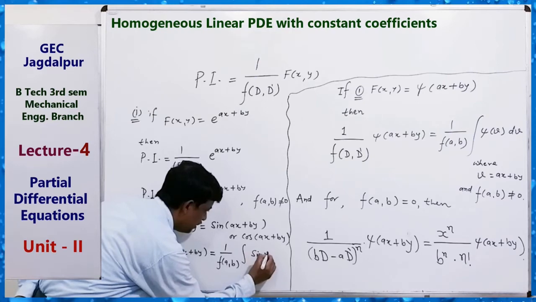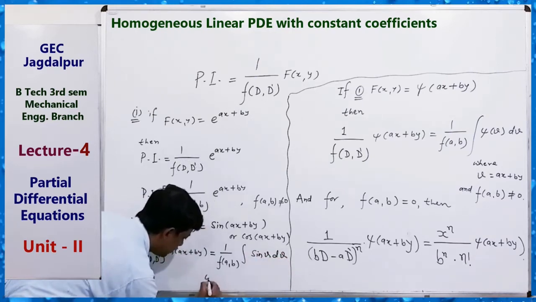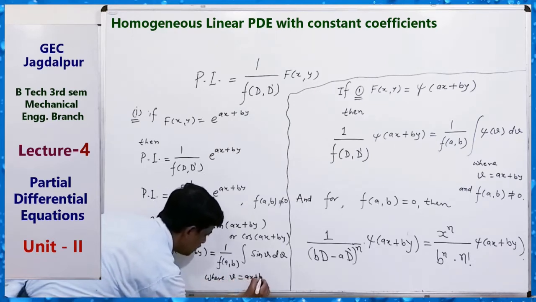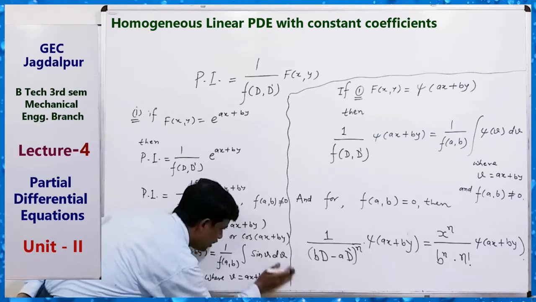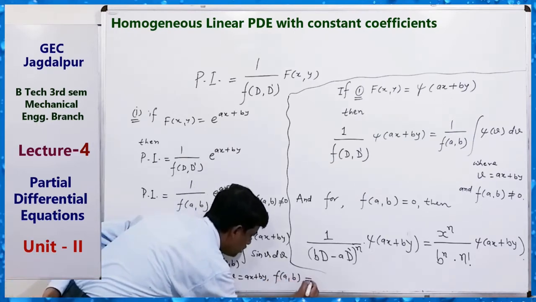Sin v dv, where v equals ax plus by, and f(a,b) is not equal to 0.